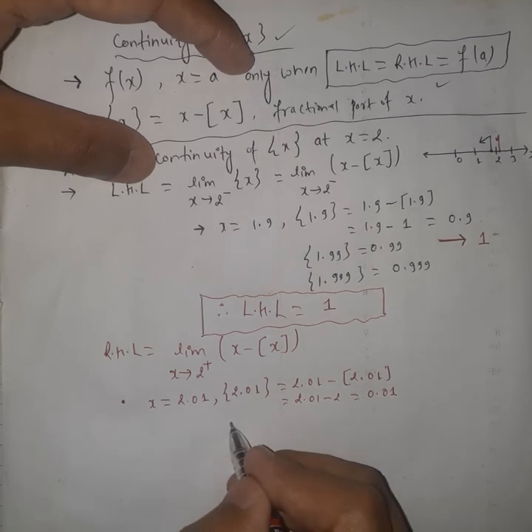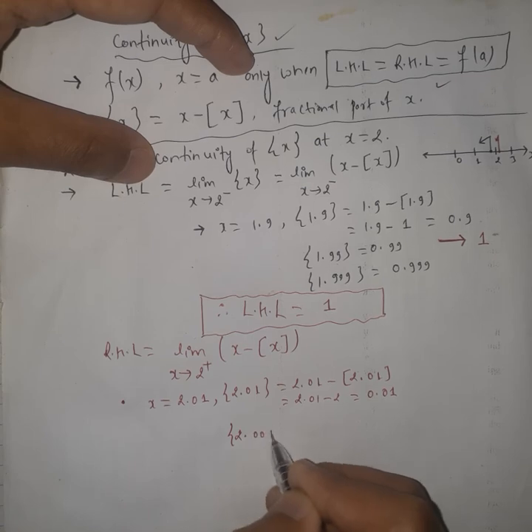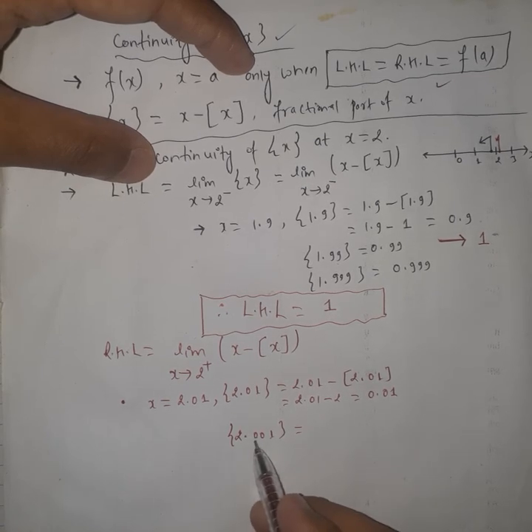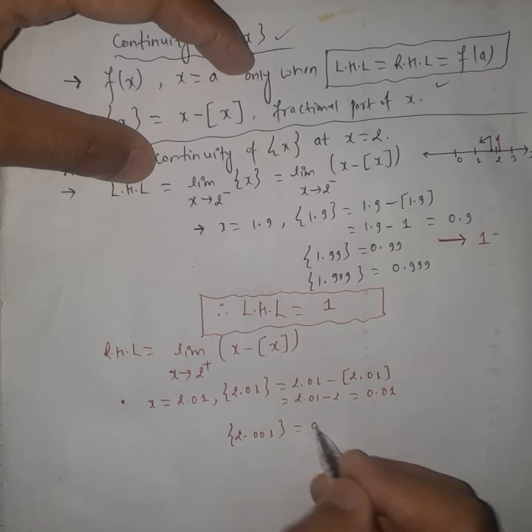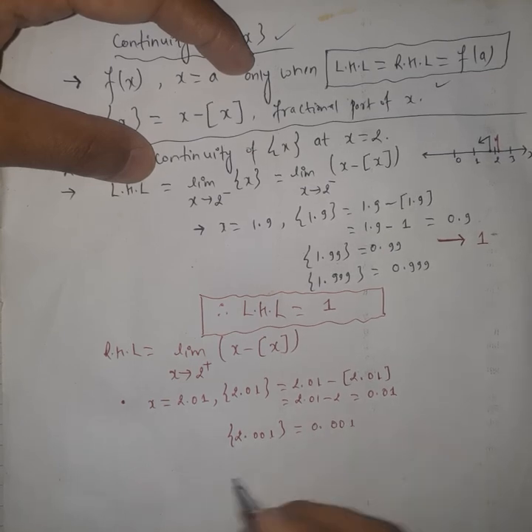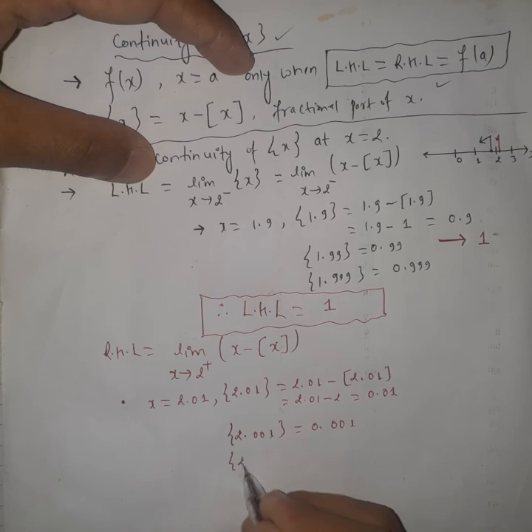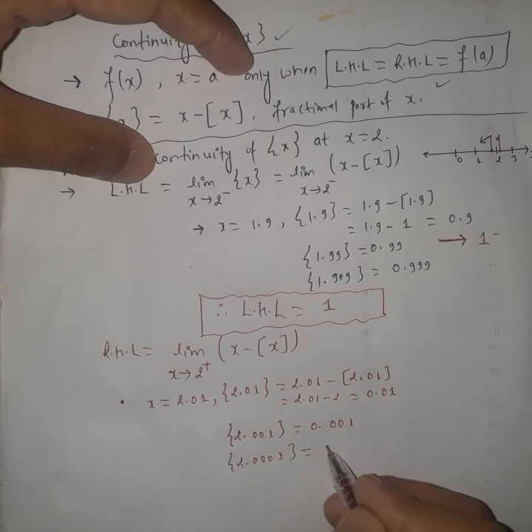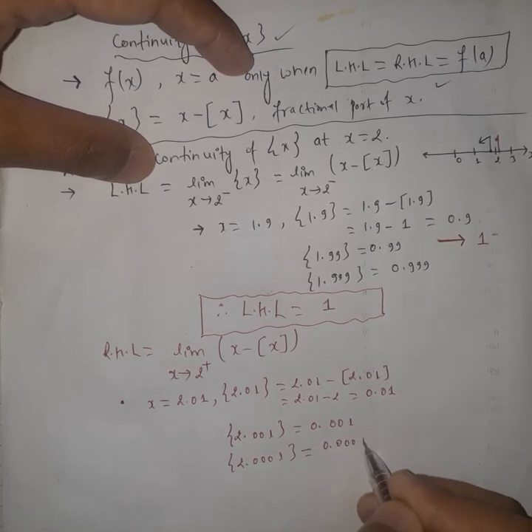Similarly, we can calculate the fractional part of the next input 2.001. Here the fractional part is just the numbers after the decimal. This is 0.001. Similarly, we can calculate the fractional part of other numbers very close to number 2 from the right hand side. This is 0.0001.